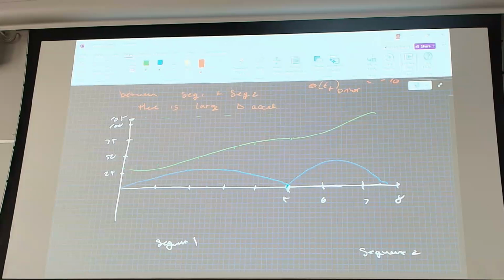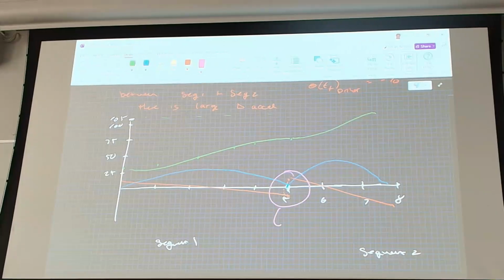We're going to see our acceleration do this, and then it's going to jump to here and go down like this. And so this becomes the problem.